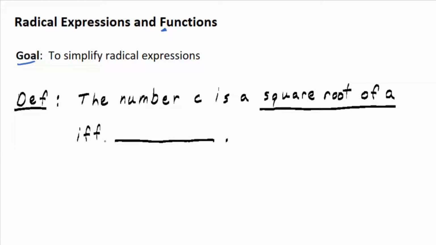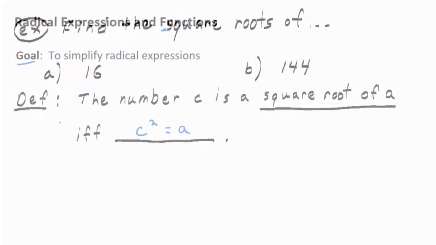If and only if you can take the number c, square it, and get a. The number c is a square root of a number a if and only if c squared equals a. So let's see if that meshes with your intuition with an example.